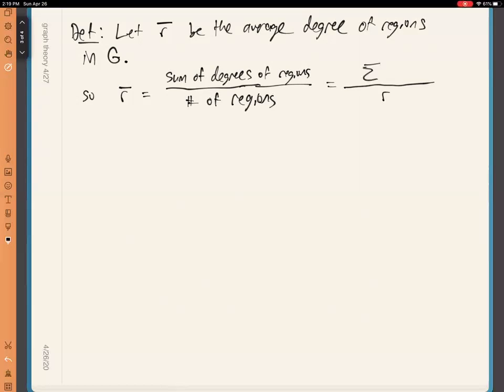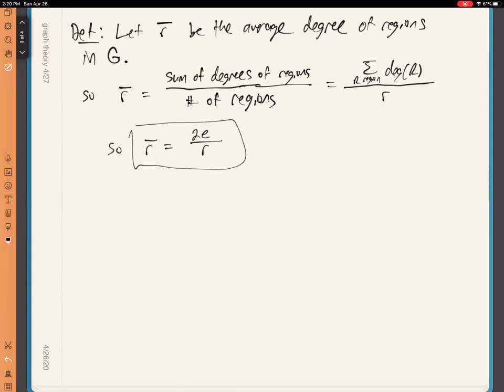And in the numerator, I'm going to put the sum of all the degrees. But remember that if we sum up all the degrees as R varies over all the regions in the graph, we just showed that that was equal to 2E. So this tells me that the average degree of the regions is equal to twice the number of edges divided by the number of regions, using the formula we just derived on the previous page.